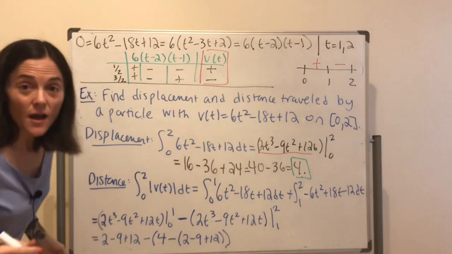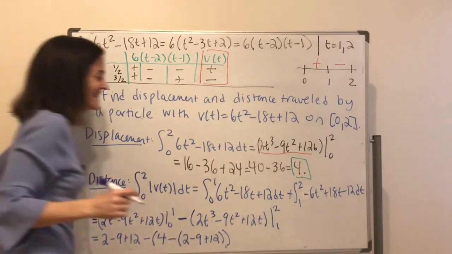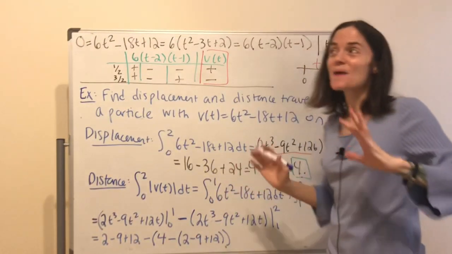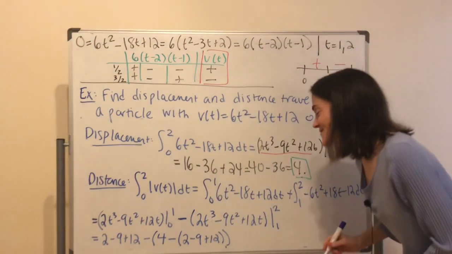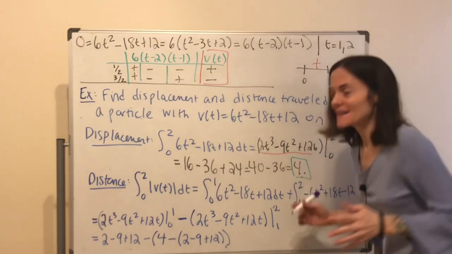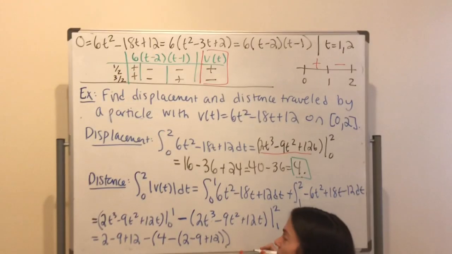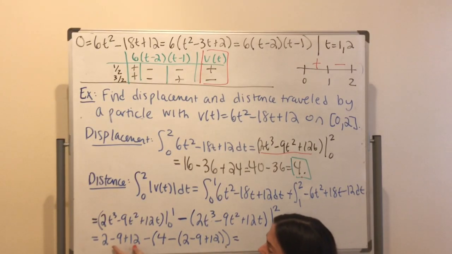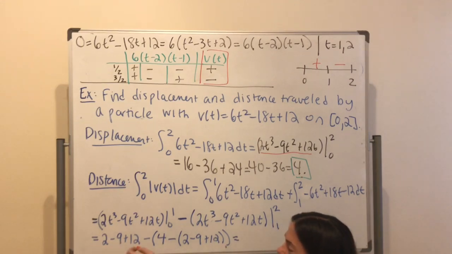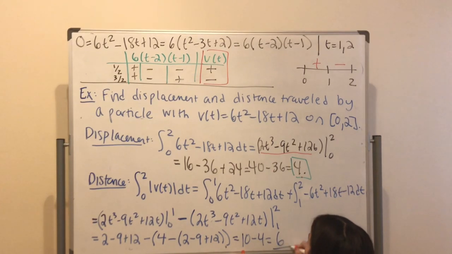And then I have to add all these numbers, and this is where my mistakes come, because it's really easy to mess up a minus sign somewhere. But 2 minus 9 plus 12, 14 minus 9 is 5. And we have another 5, and then we have a minus 4. So this is 10 minus 4, which is 6.